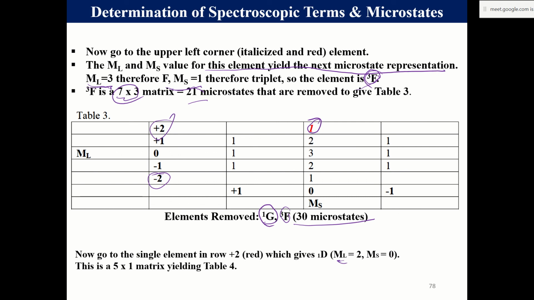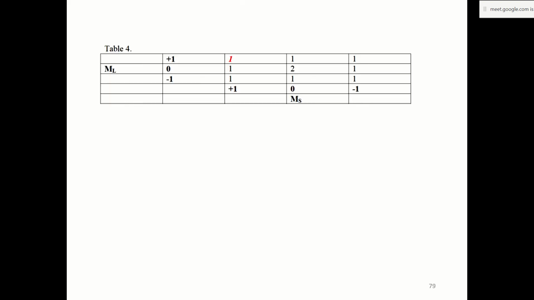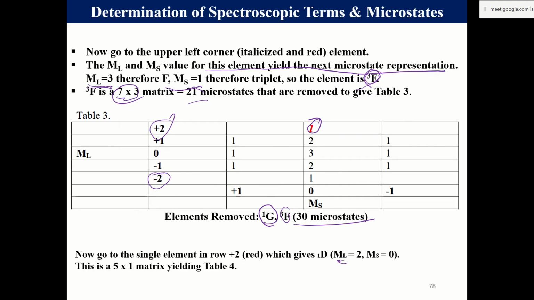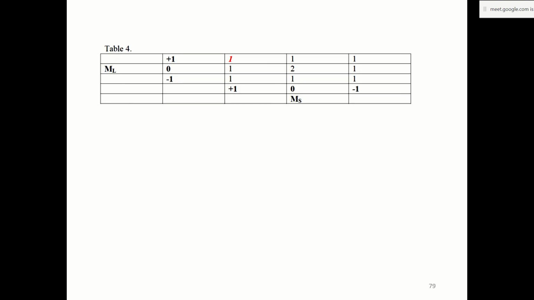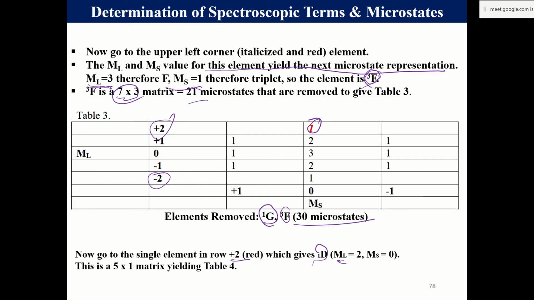So this will give you a 5 by 1 matrix. So highest value of ml, ms. Okay, so this is the 1D term and total of 5 by 1. So start deducting the terms.